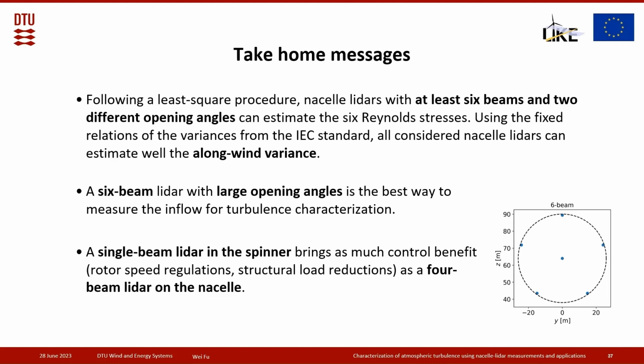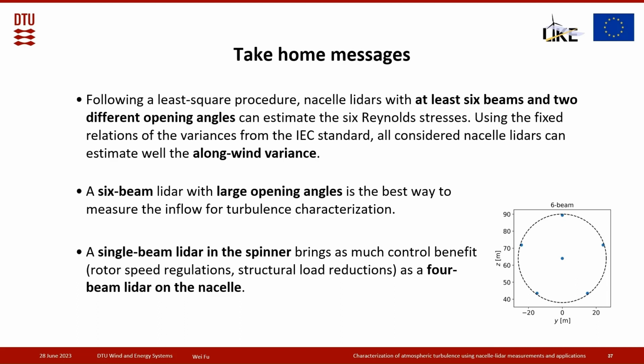So we saw in this case that all considered nacelle LiDARs can estimate the along-wind variance well. We also saw that a 6-beam LiDAR with a large opening angle is the best way to measure the inflow for turbulence characterization. The good thing about this 6-beam LiDAR is that it always has a central beam pointing in the along-wind direction.